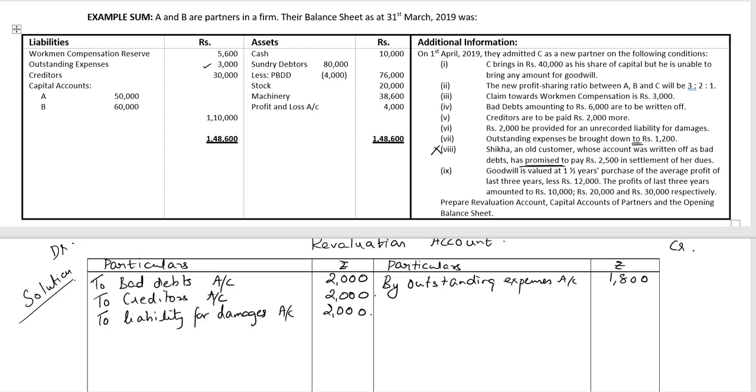Ninth point is about goodwill valuation. This will not affect the revaluation account. So we've completed the revaluation account. Let's balance it. Greater total, debit side 6,000.